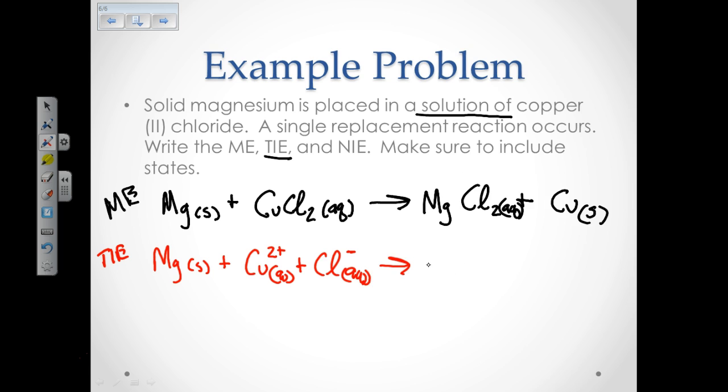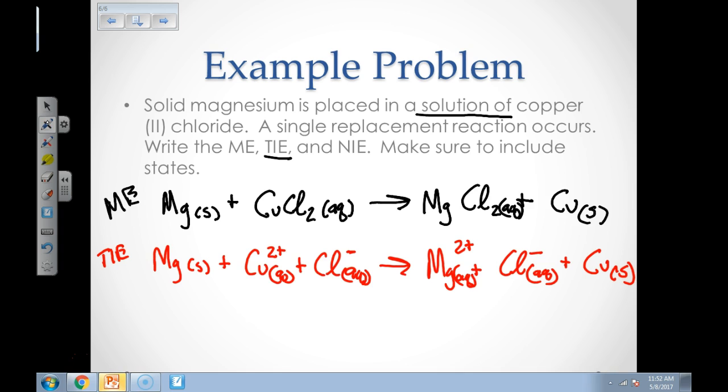Now this is aqueous, so this is going to be Mg2 plus aqueous. Eventually my aqueouses are going to look like that. Plus Cl minus aqueous plus Cu solid.